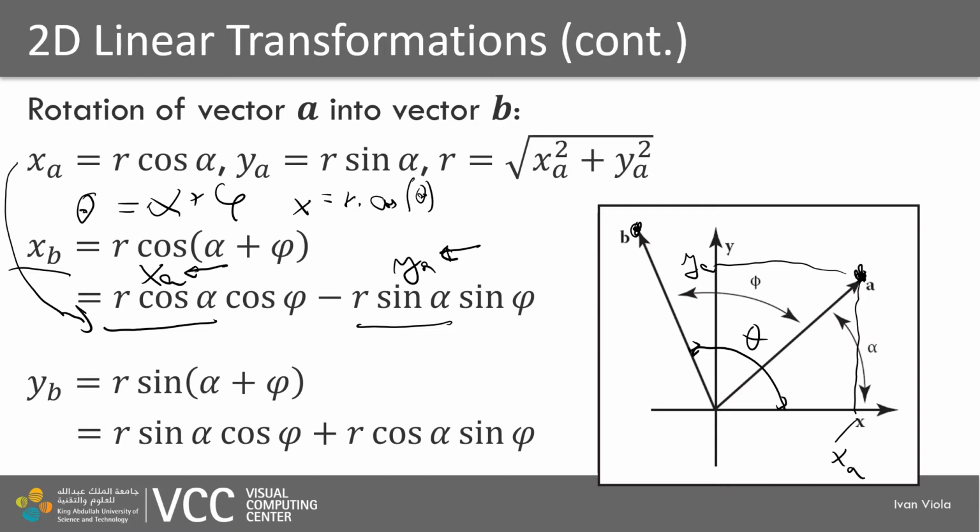So far we have been talking only about the x coordinate, but for the y coordinate something very similar is here. It's slightly different because this is r times sine theta, which corresponds to alpha plus phi. But we can see there is a similar formula.